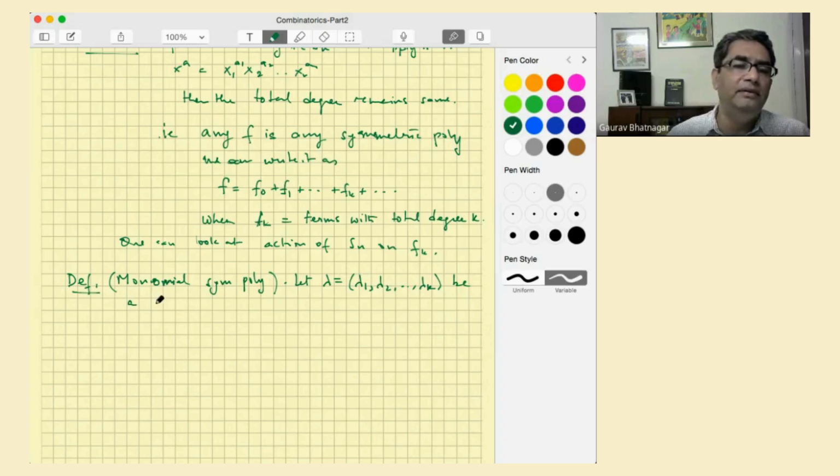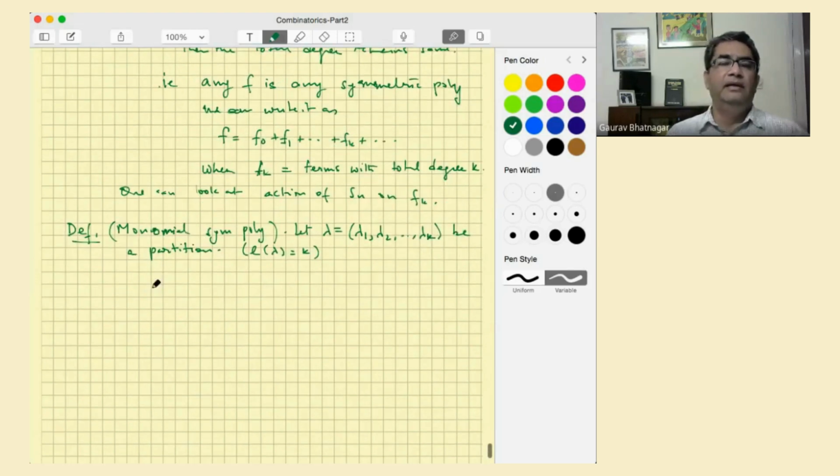It's not the same k as here. So we use the notation length of lambda is equal to k.